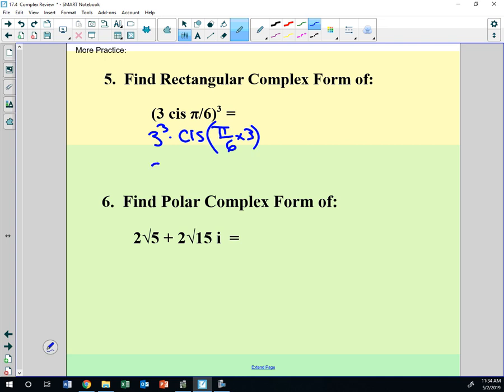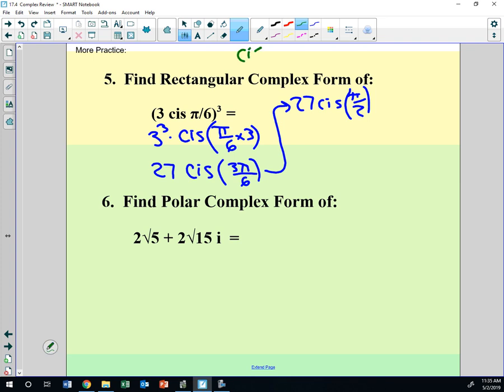So that's the same as 27 cis 3 pi over 6. What does 3 pi over 6 simplify to? Yeah, pi over 2. Now, you know this, but just to remind you, cis theta is a shortcut for the cosine of theta plus i times the sine of theta.